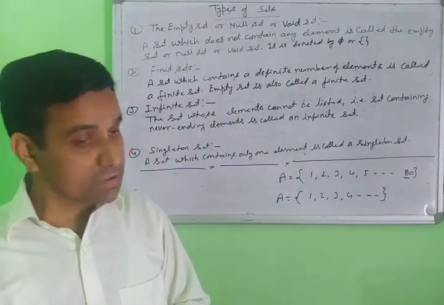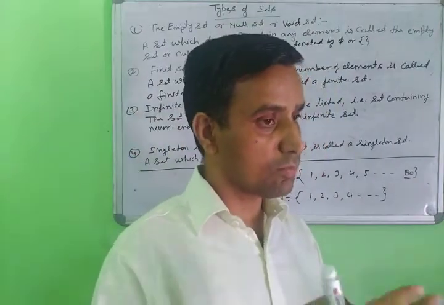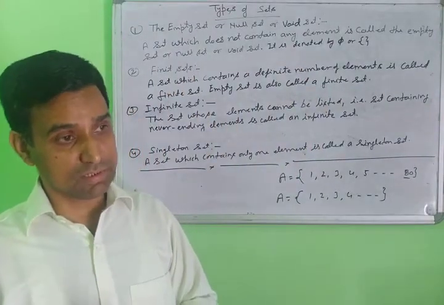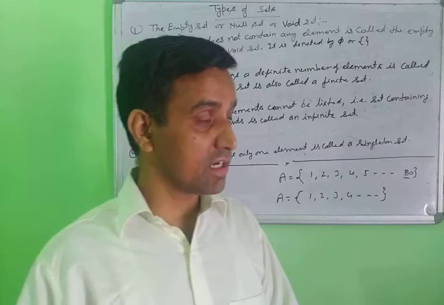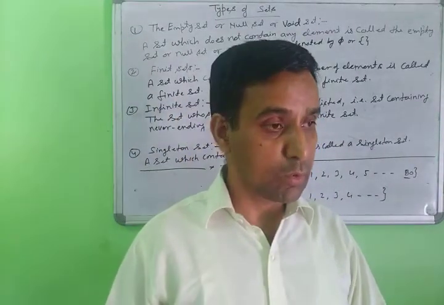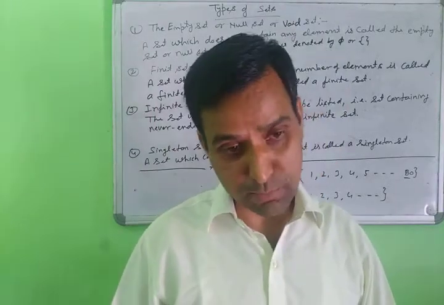But mostly, we can convert a set from set builder form to roster form for finite sets. But for real numbers, suppose you write a set of real numbers in set builder form, you cannot convert it into roster form.